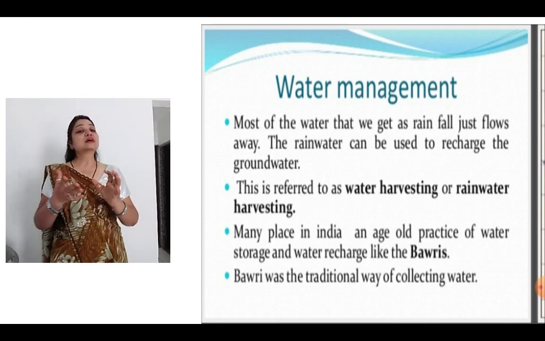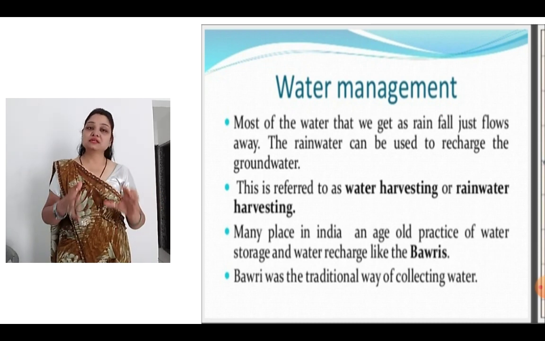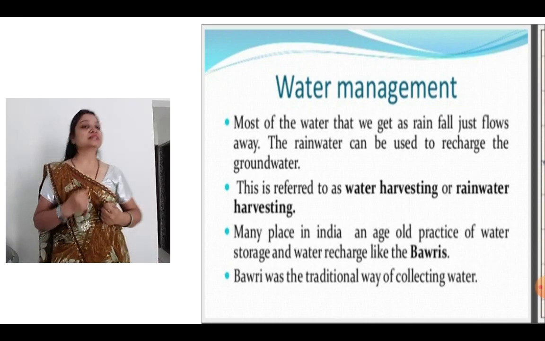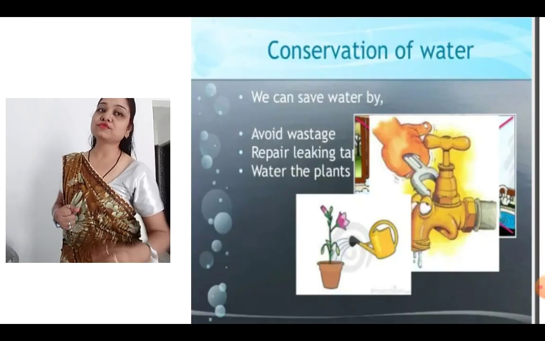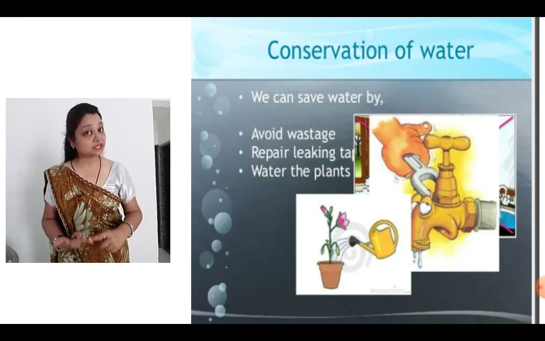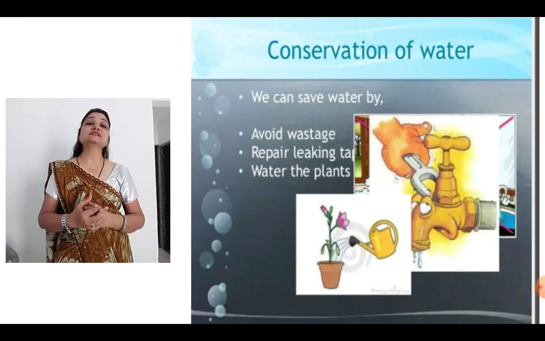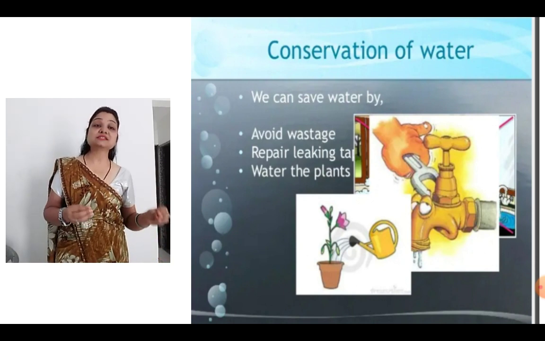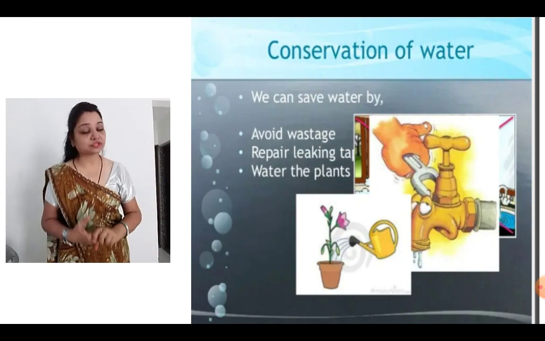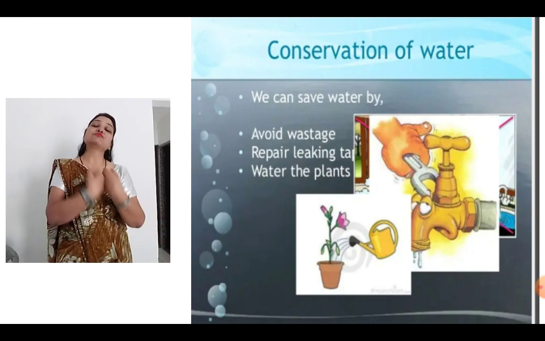So people are doing this and more people should do it for the storage and conservation of water, and we have to limit our use. That is also very important to conserve water. We have to avoid wastage, repair leaking taps if any, and water the plants very precisely, with less water, not giving the pipe and letting the plants get water throughout the day.